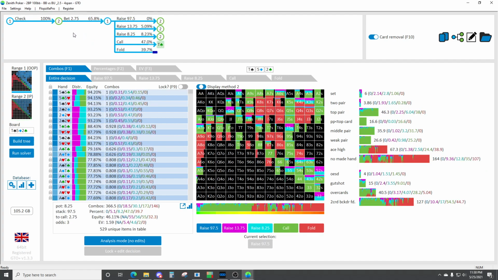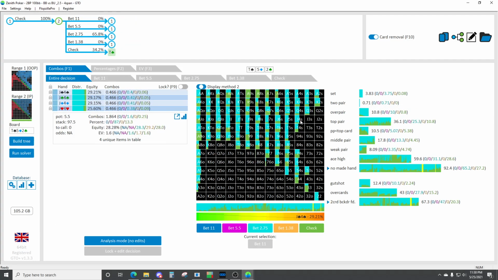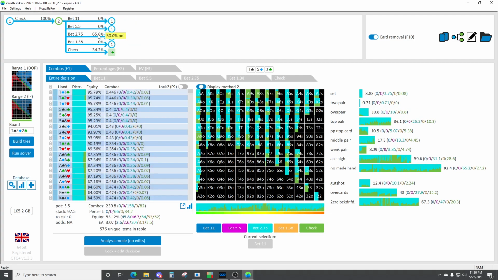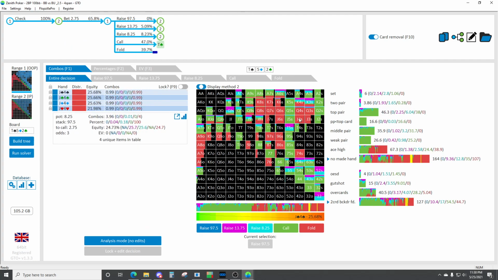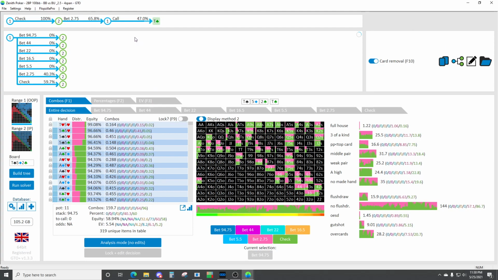Whereas out of position isn't check calling jack four or 10-4. So they fold out a lot of their air on the flop. So on a pairing turn, these turns are much better for the caller on the previous street.